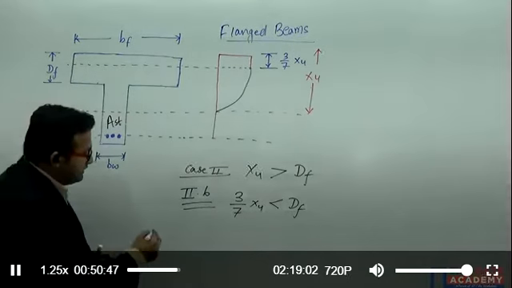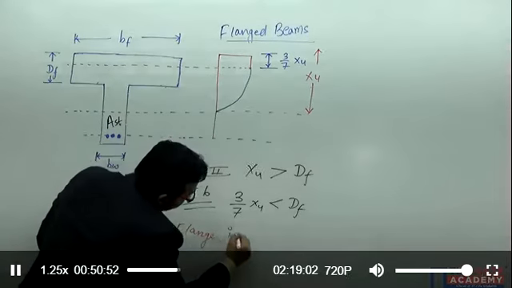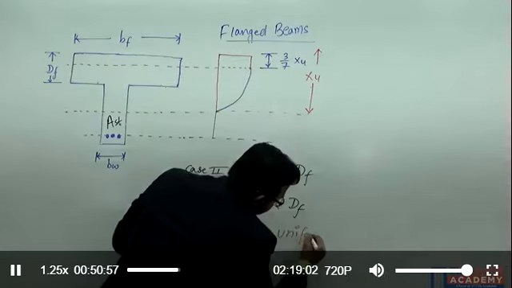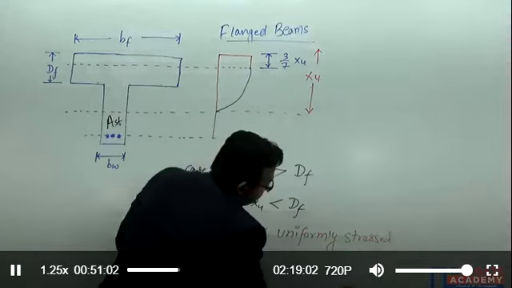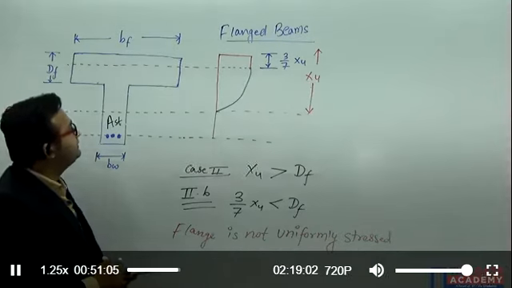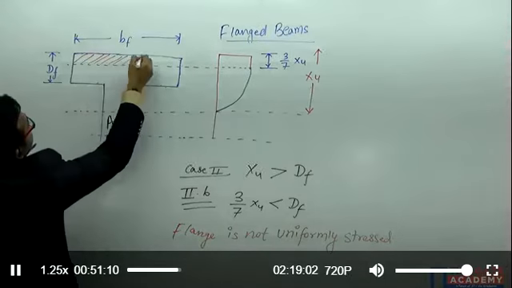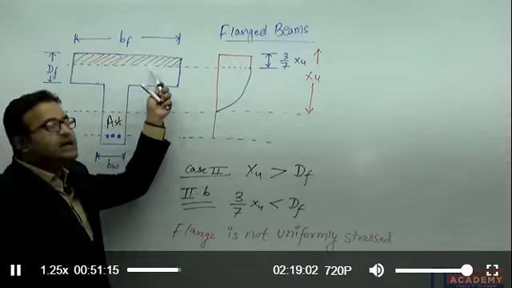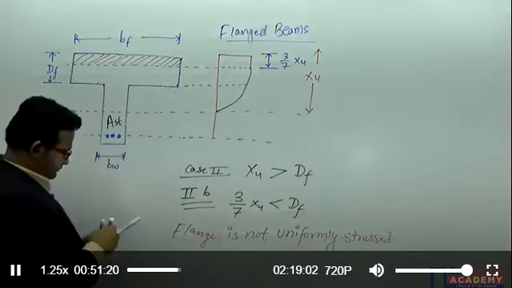That means your flange portion is not uniformly stressed. We can see here in the flange portion, up to this much portion, which is 3 by 7 of xu, is uniformly stressed, and the remaining portion is getting the parabolic portion.